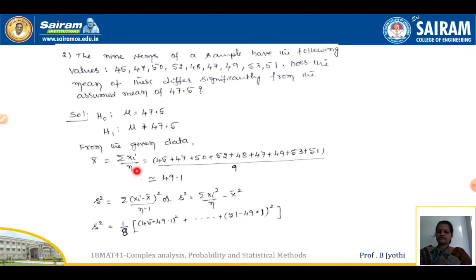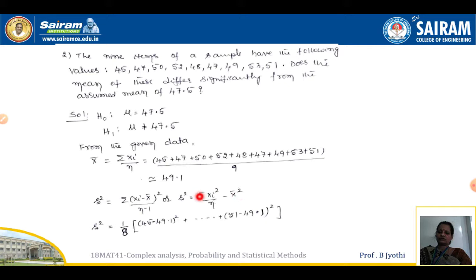From the given data, x bar is the sum of xi divided by n, because n is the sample size. So all this is added and we will be getting 49.1. And s square is given by the sum of (xi minus x bar) squared divided by n minus 1.